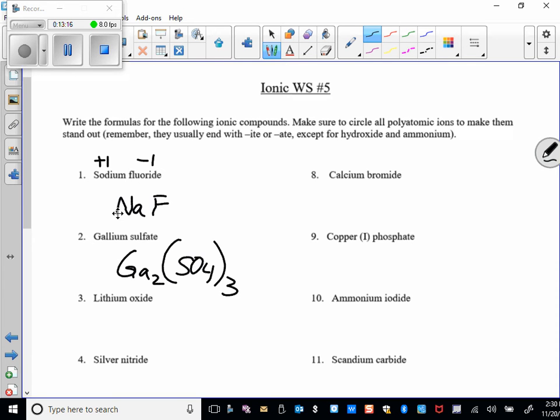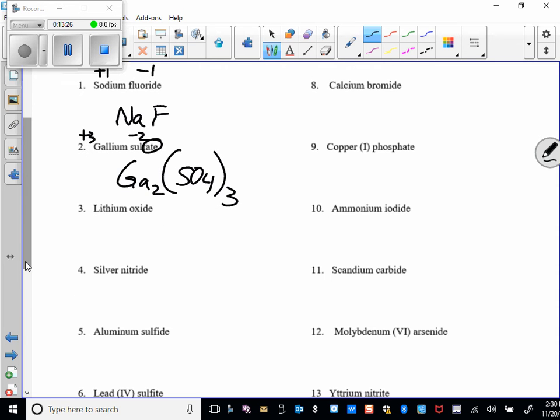So this is +3 and that's a -2 and you recognize that it's a sulfate, which is a polyatomic ion. All right, Claire, what is the formula for the next one? Very good. Jackie, what is the formula for the next one? Ag3N.